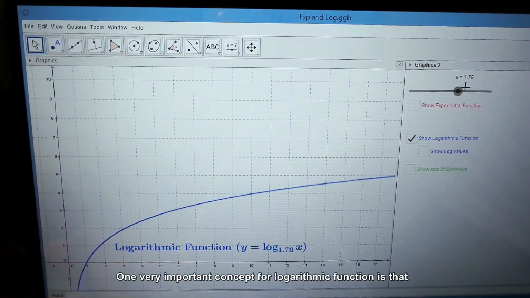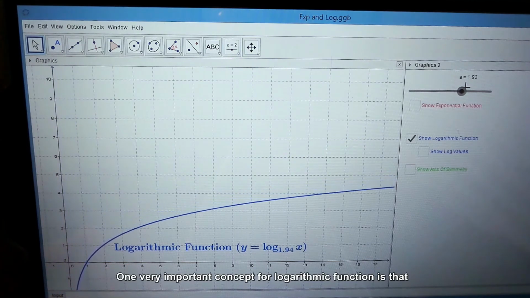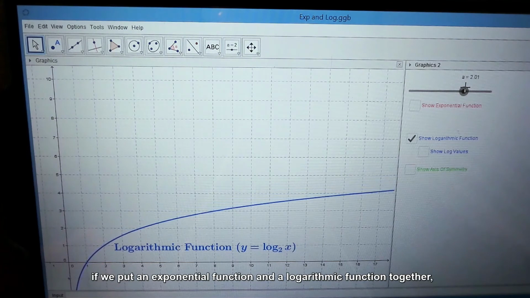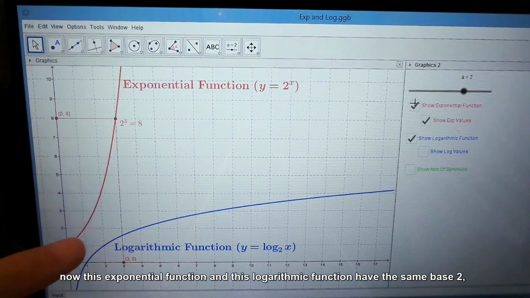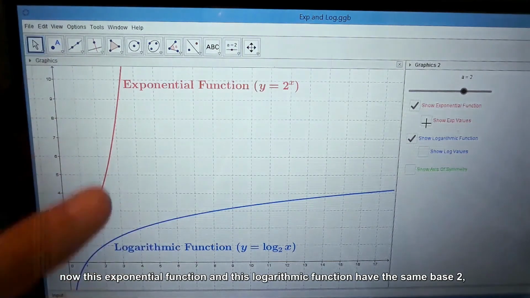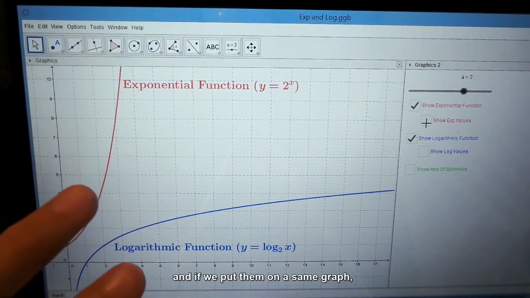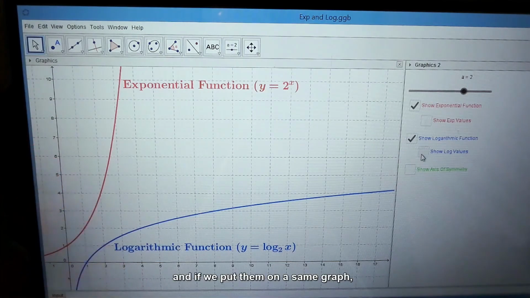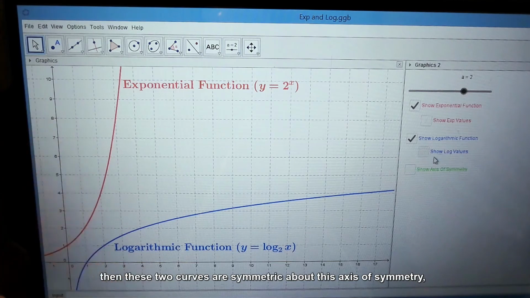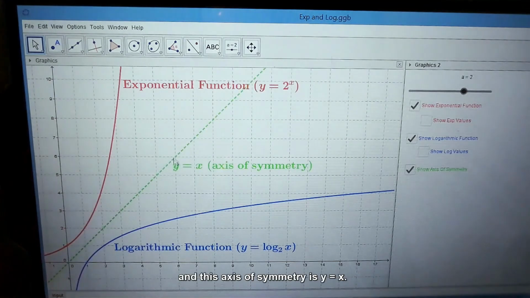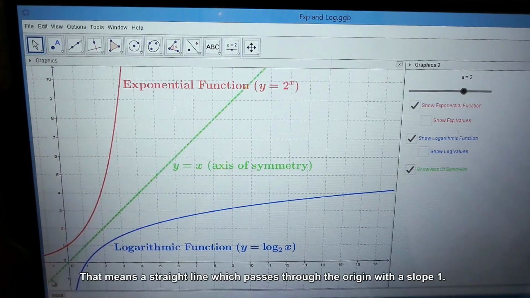One very important concept for logarithmic function is that if we put an exponential function and a logarithmic function together, now this exponential function and this logarithmic function have the same base 2. And if we put them on the same graph, then these two curves are symmetric about this axis of symmetry. And this axis of symmetry is y equals x. That means a straight line which passes through the origin with a slope of 1.